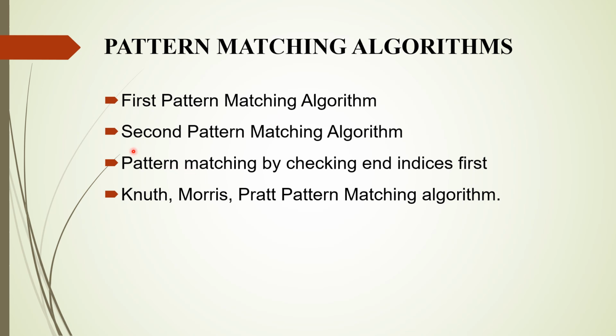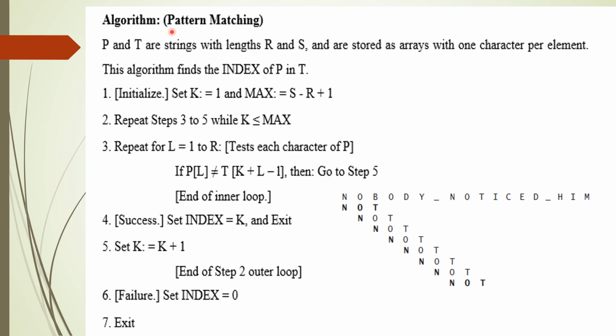The second uses the concept of an automata. The third is pattern matching by checking end indices first, and finally we'll end up with the KMP pattern matching algorithm, that is the Knuth-Morris-Pratt pattern matching algorithm.